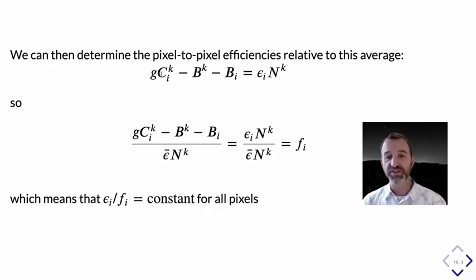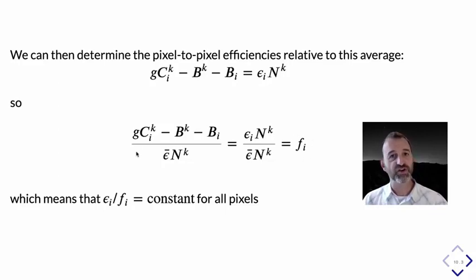All we do is take the counts that we get from our computer, subtract off the floating bias and the static bias, multiply the counts, of course, by the gain, and divide that by this number that we can calculate, this average efficiency times the number of photons incident on the detector. And this ratio gives us this quantity, which is what we want. This is the efficiency for any given pixel.